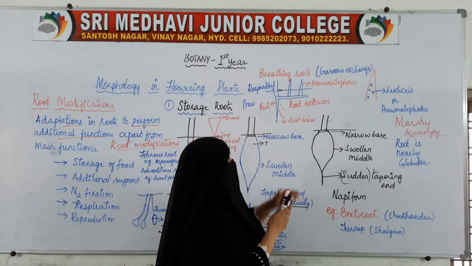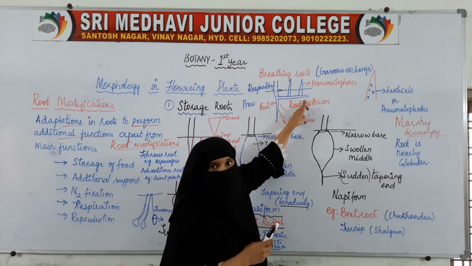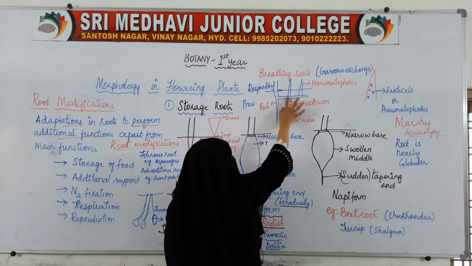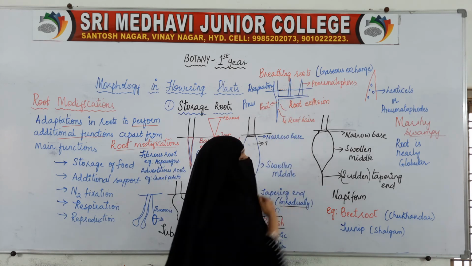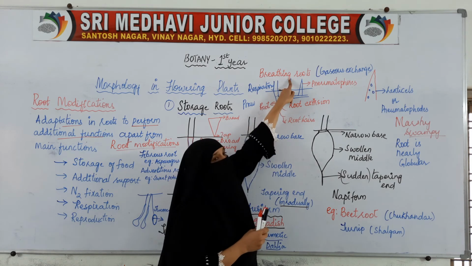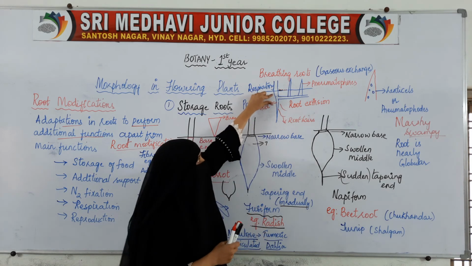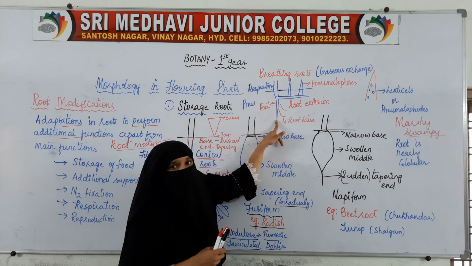Here the roots will be growing horizontally, and on the root, extensions will be seen. These extensions will grow upward. This is the main root which is growing downwards. It is positively geotropic.